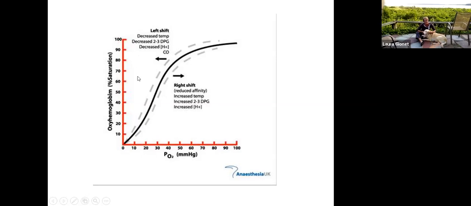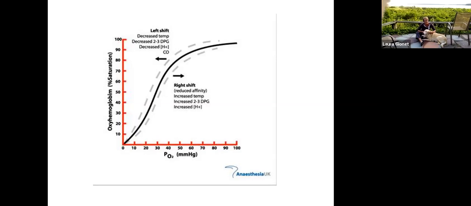If you have decreased activity, like in decreased temperature, and you're not producing a lot of carbon dioxide, nor a lot of hydrogen ions, then you don't need to be letting go of all that oxygen. We're just going to leave it bound to hemoglobin to use maybe later.